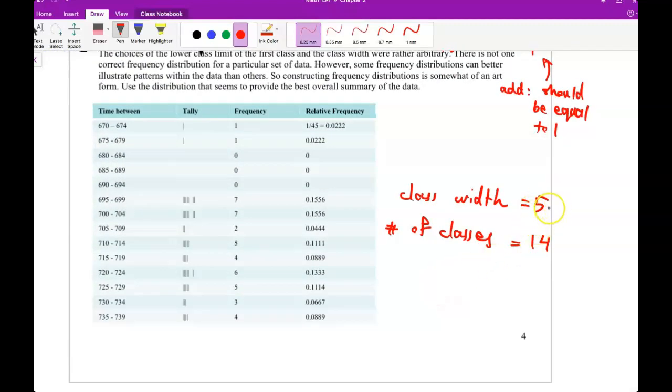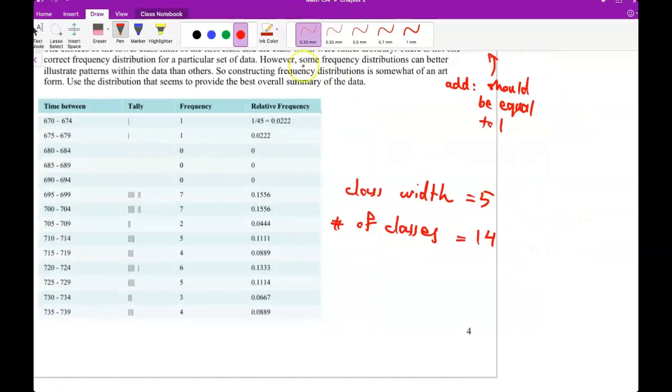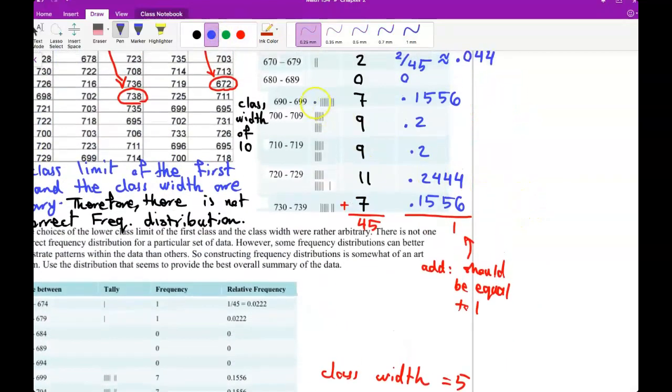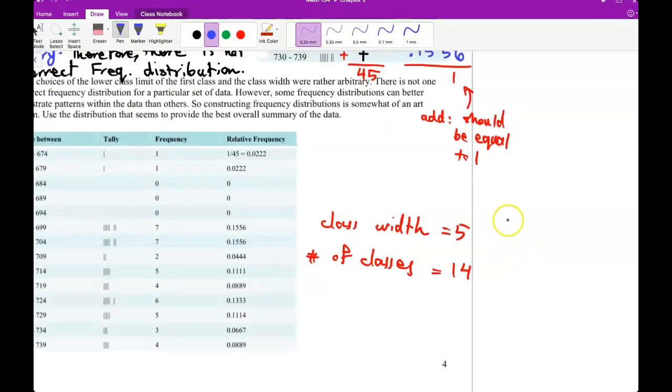So you can say that we have a formula for this part. When you're dividing class width by a number, you're going to multiply number of classes by exactly that number to get the number that you have here. From this part, class width was 10, so that was divided by 2, and we got 5.